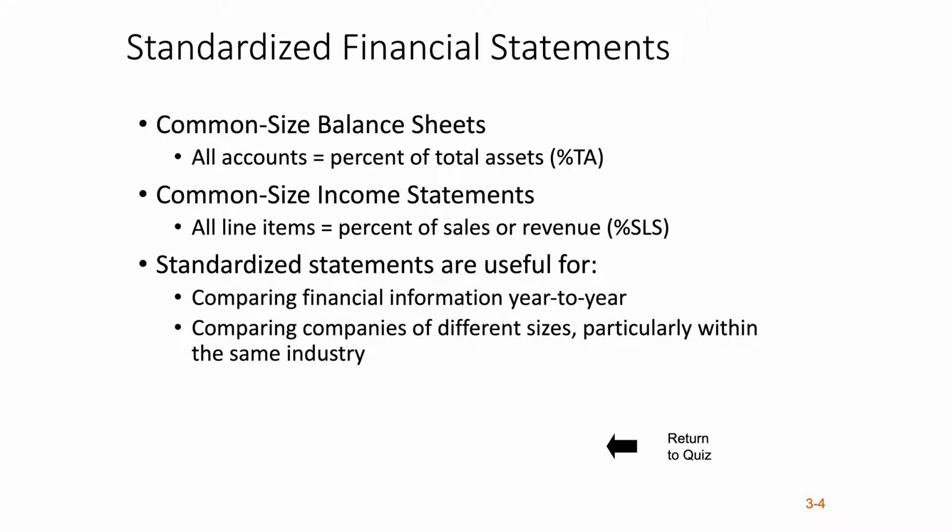Common size balance sheet, as the name suggests, no matter whether it's a big company or a small company, looks at every line item in terms of its total assets. For the income statement, you're looking at all items in terms of sales or revenues.